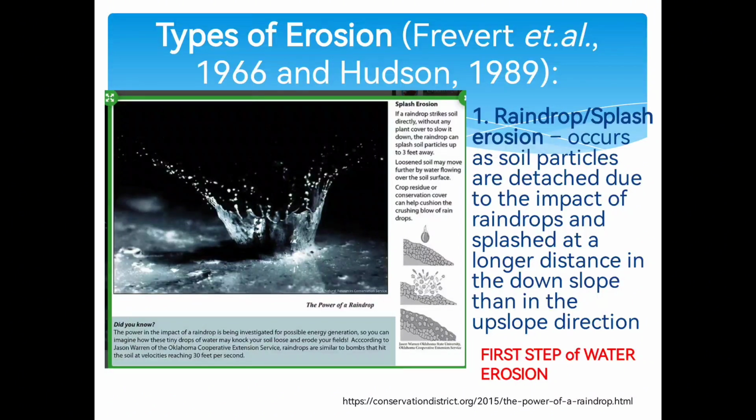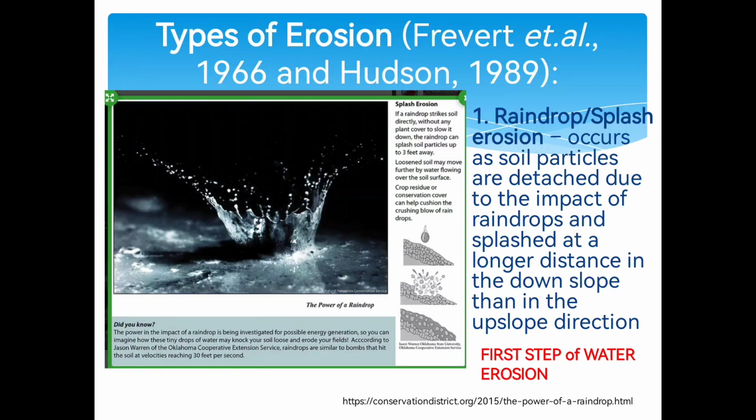So these are the types of erosion by Prevert et al. and Hudson. So we have here, number one is raindrop or splash erosion. It occurs as soil particles are detached due to the impact of raindrops and splash at a longer distance in the downslope than in the upslope direction.